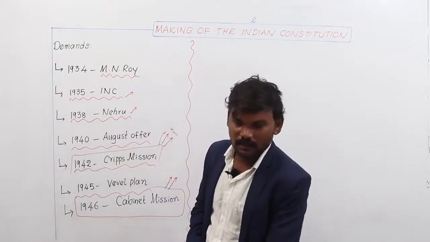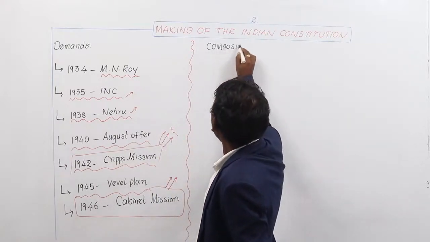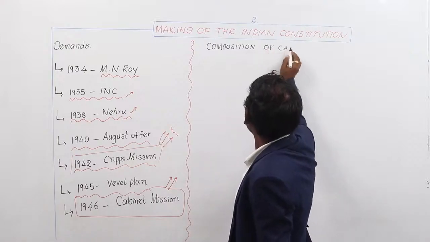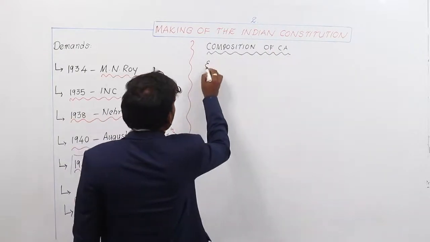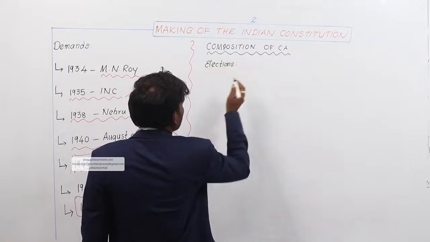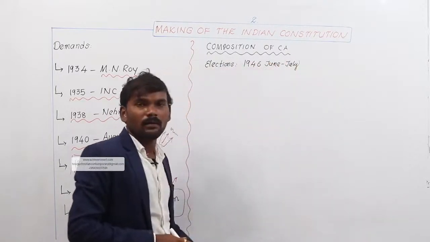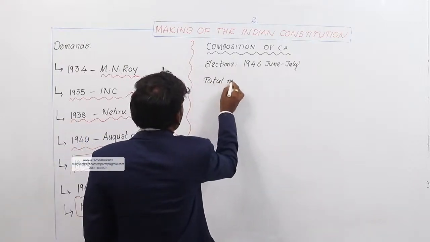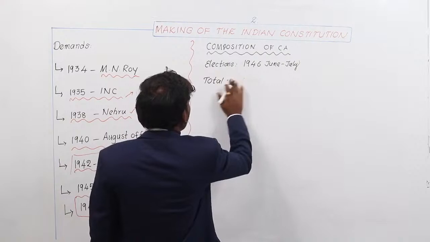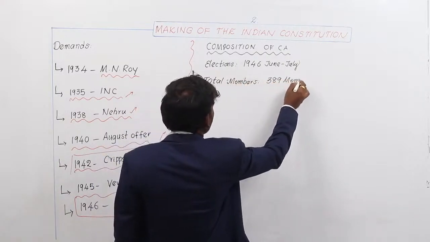Okay. Next, the composition of the Constituent Assembly. The elections to the Constituent Assembly were held in June and July 1946, and it consisted of a total of 389 members.